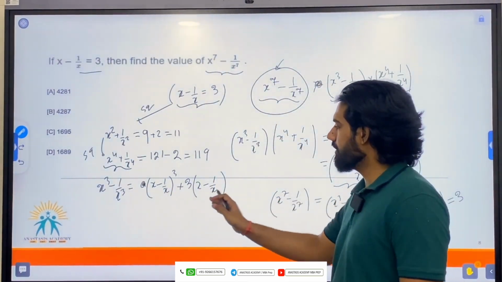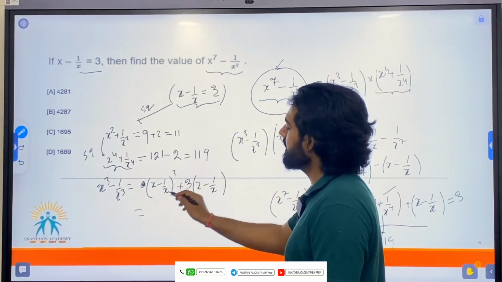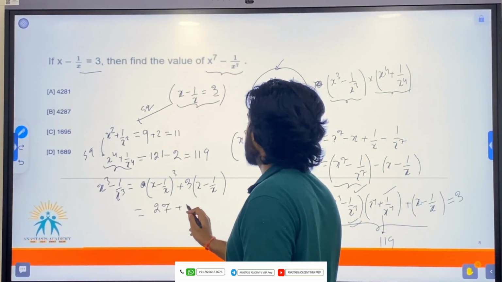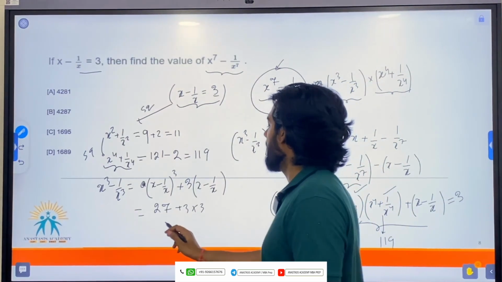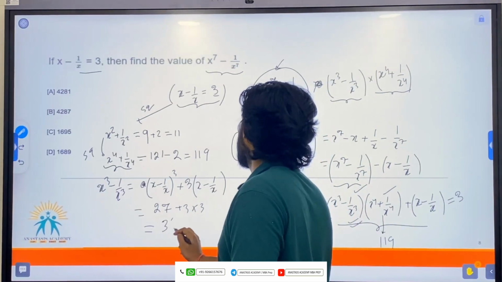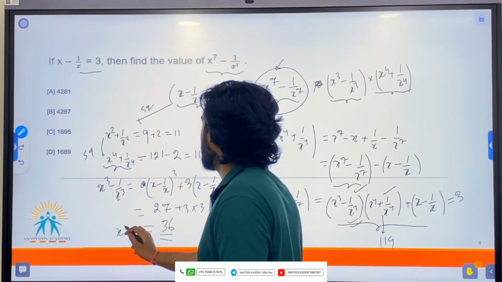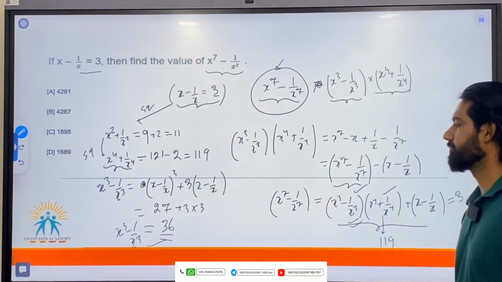And I have the value of this expression. So x minus 1 upon x is 3. 3 cube is 27 plus 3 times x minus 1 upon x, which is 3, so it becomes 27 plus 9, which is equal to 36. So I get the value of x cube minus 1 upon x cube as 36.